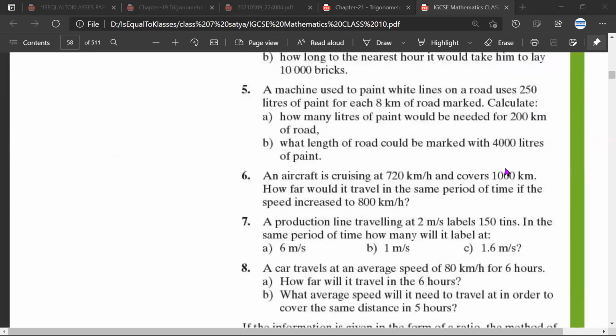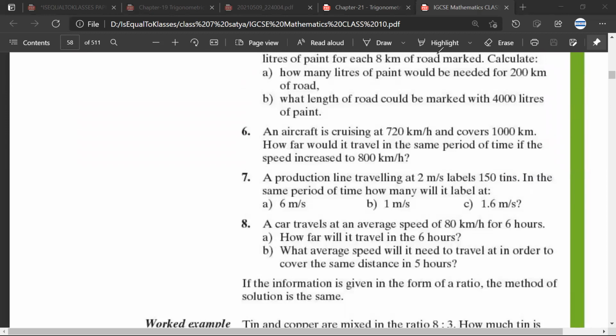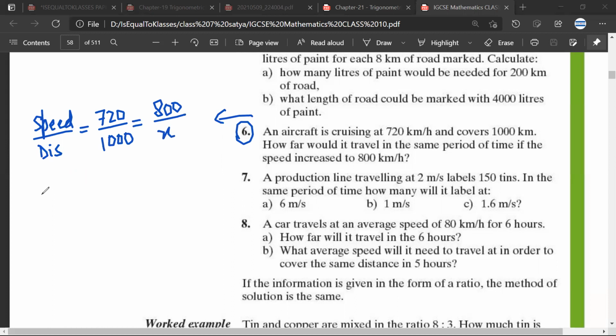Okay. Mr. Sarthak, question number 6. So speed upon distance equals 720 upon 1,000 equals 800 upon x.